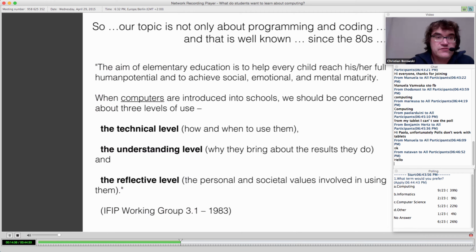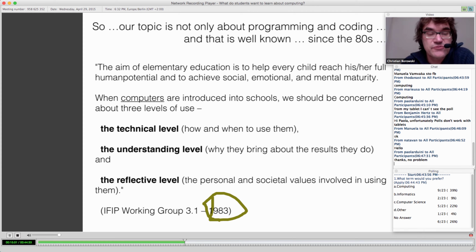There's some very old and nice site from 1983. There was a conference that I love very much because it tells us, or me, what's really important if we use computers at school, or we make computer science, or we make informatics at school.